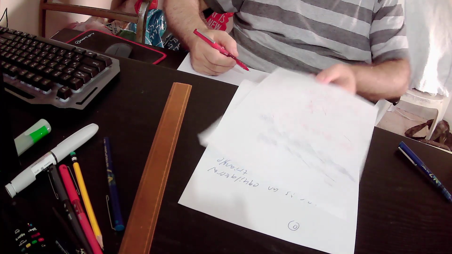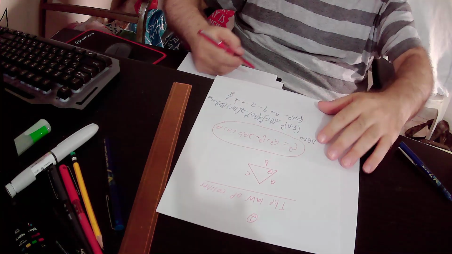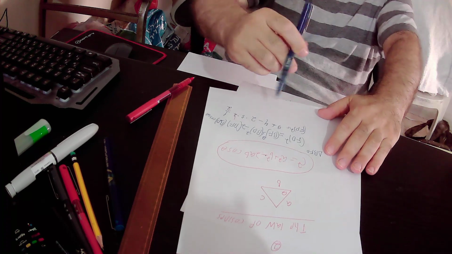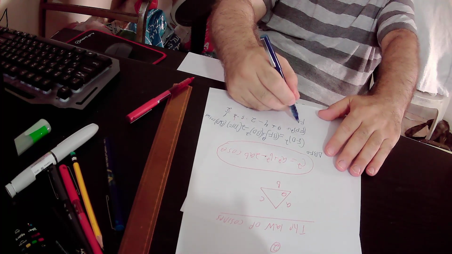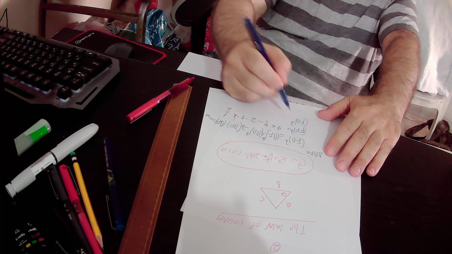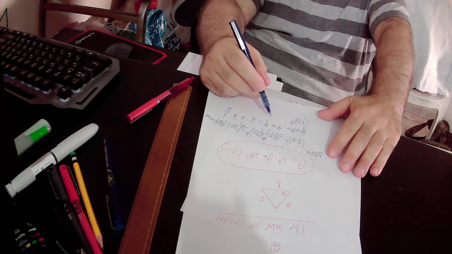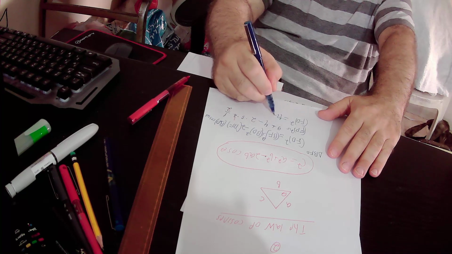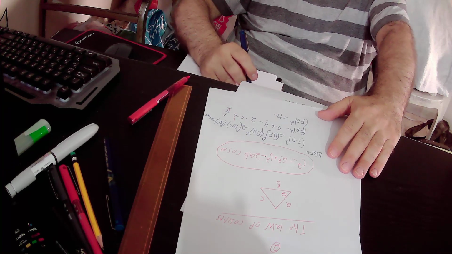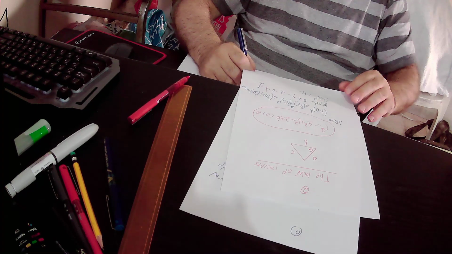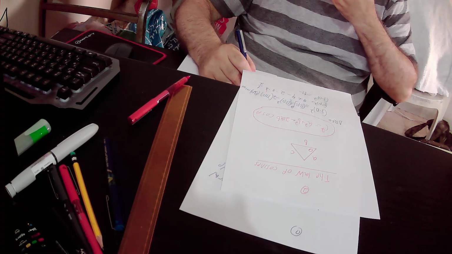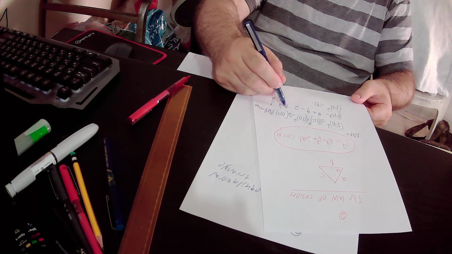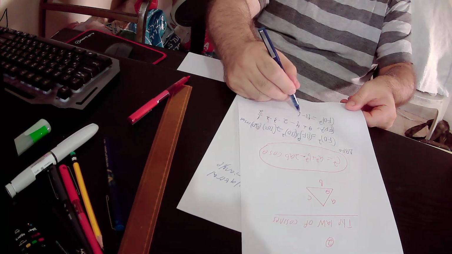So in total we will get that FD square equals 9 plus 4 is 13, equals 13 minus 6, because 2 times 3 is 6.